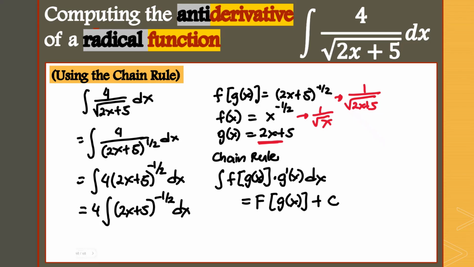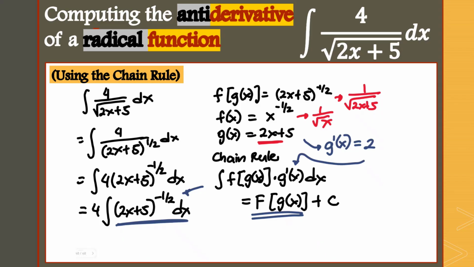Where can we get this? We already have our g of x here. So our g prime of x is the derivative of 2x plus 5, which is just 2. So we are going to introduce 2 here, so that we can use the chain rule.